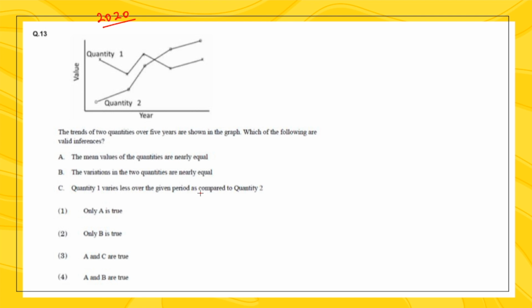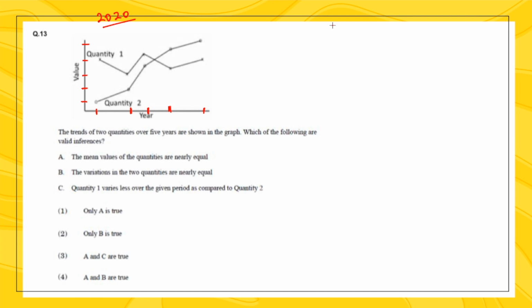Okay, now let's try to understand. For this type of question you can understand that these are the years, the values of years given over here. They can be any year, and on this side the quantity value is given. These values can be anything, you can consider any value and do it based on that.